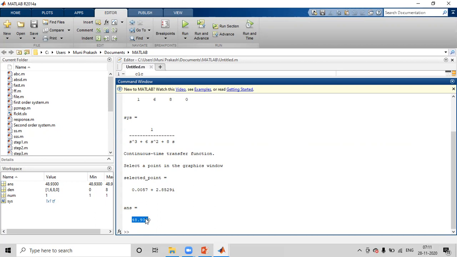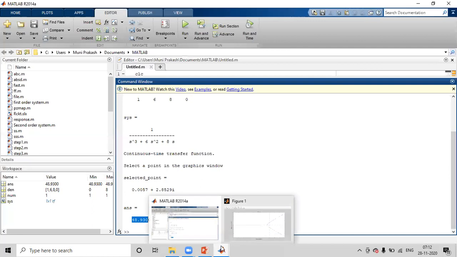Theoretically we already solved it and got 48. If you place exactly at j2.8, you will get 48. So up to k equal to 48, the system will be stable. If we increase k beyond 48, the poles will enter the right half of the s-plane and the system is unstable. I will show you in the graph.